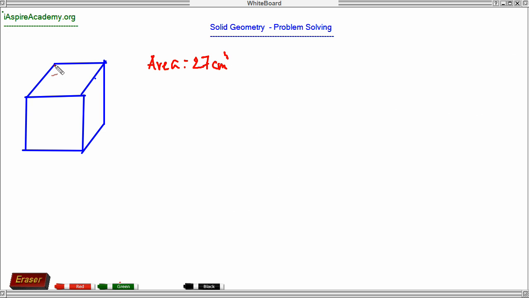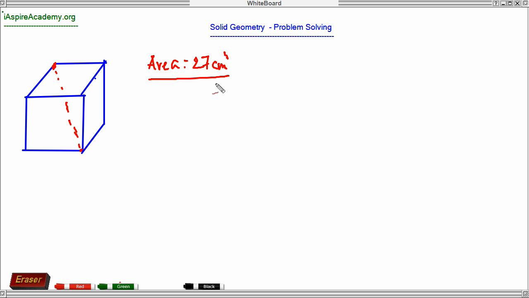Now you can say what is the long diagonal, or it could be given a fancy way of saying what is the distance from one corner to the furthest corner, or what is the longest line you could draw within the cube. So there are three ways of expressing it, because this long diagonal is sort of the longest line, or it could be which is the longest diagonal in the cube.